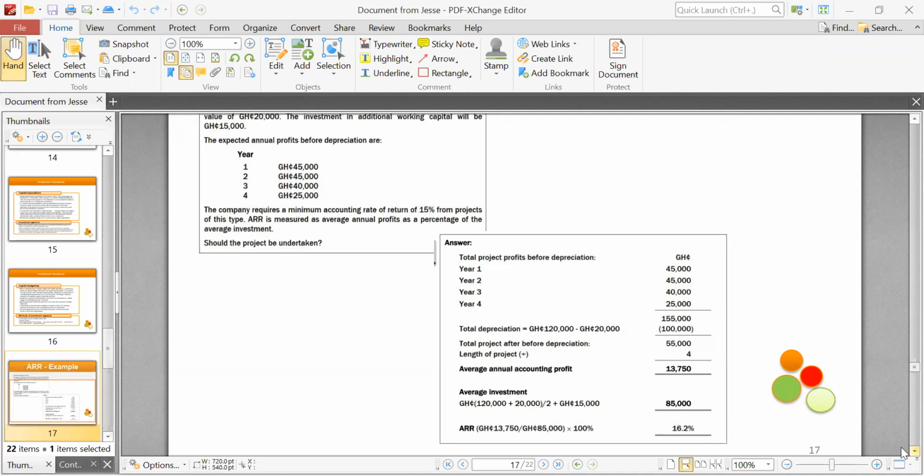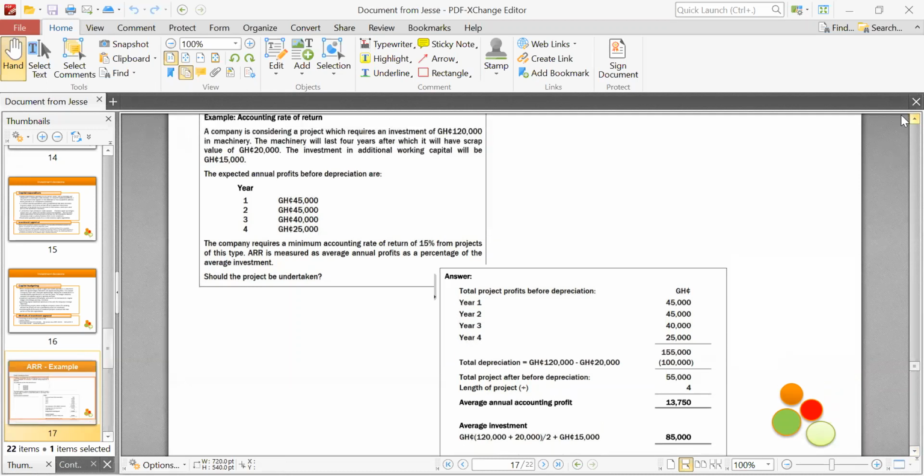So the formula, if you are writing, I didn't include it in this: the accounting rate of return is equal to your average net profit divided by your average investment. I hope that makes sense.